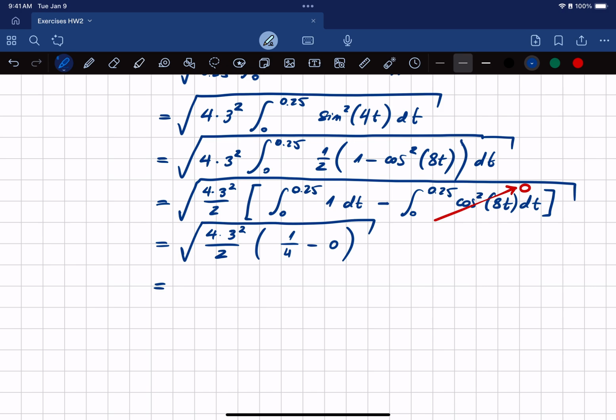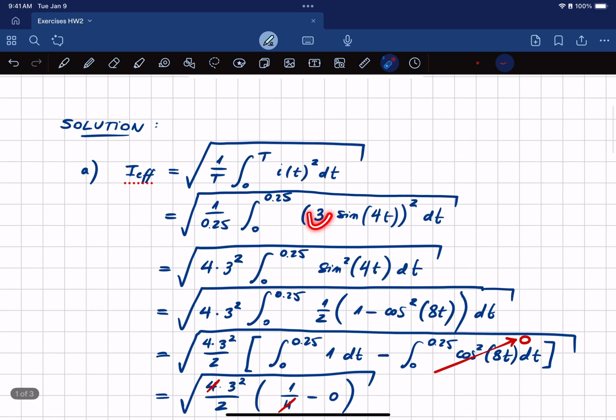That is going to give us, essentially we can cancel out this 4 with this 4, and then we get the square root of 3 square, which is 3, divided by, in the denominator, the square root of 2. That 3 comes from the maximum value of that sinusoidal wave. So that's the connection.